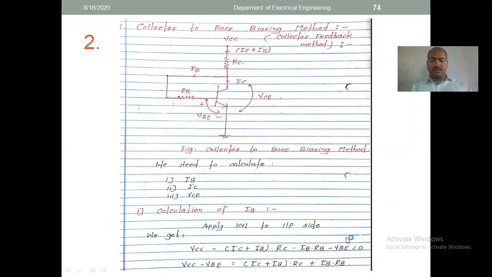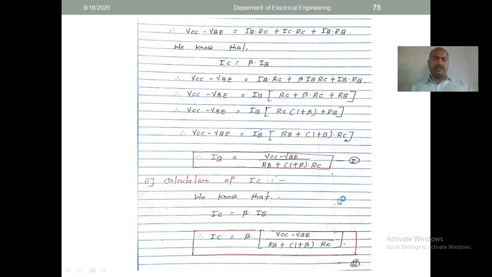This minus going to the other side becomes plus, so it is plus of IB into RB. This is the equation. So VCC minus VB is equal to (IC plus IB) into RC plus IB into RB. This equation is coming.